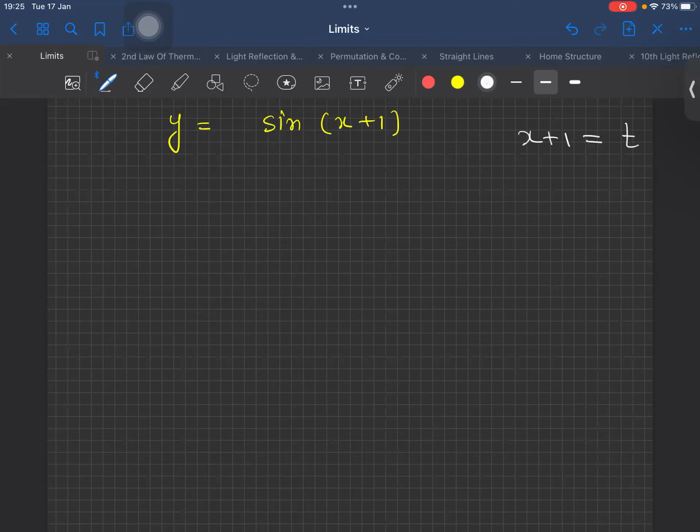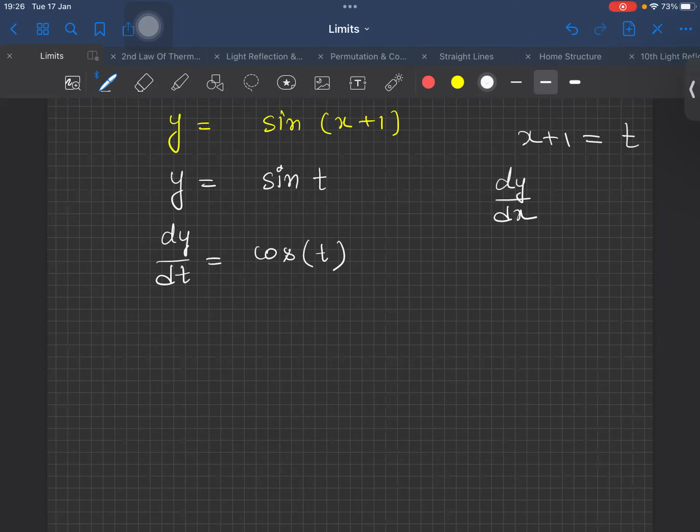So y is equal to, this will become sine t. We can find dy upon dt directly, which will be equal to cos t, right?